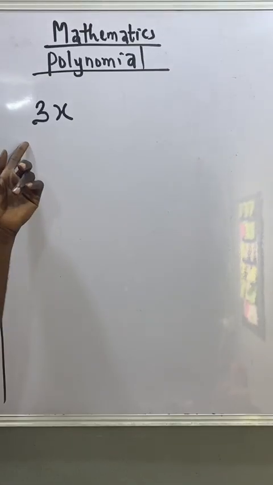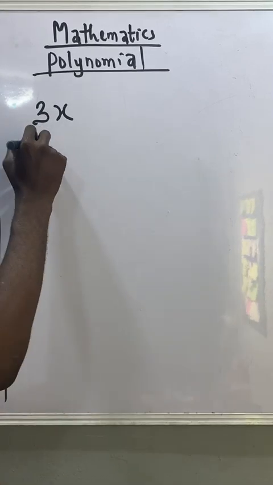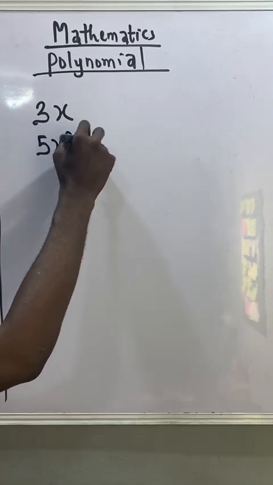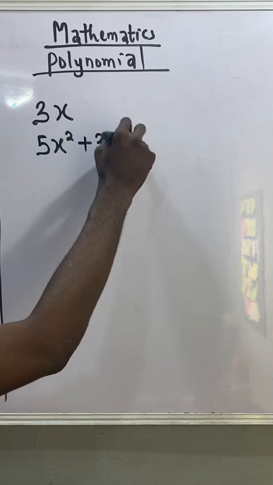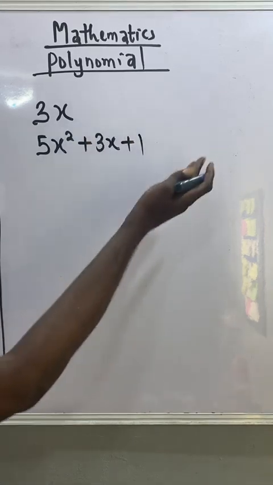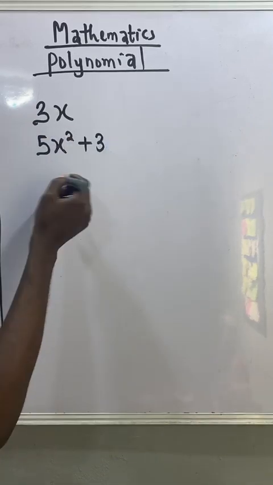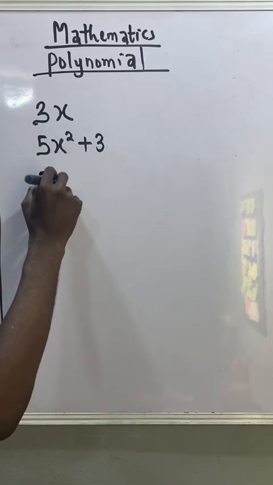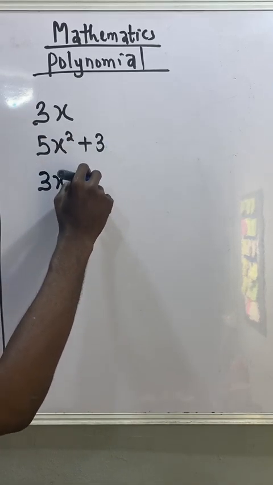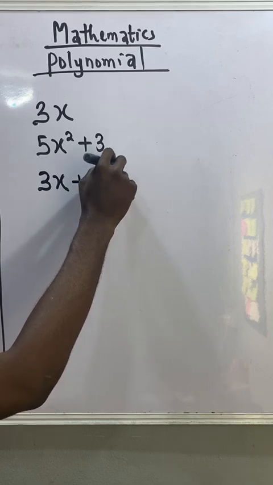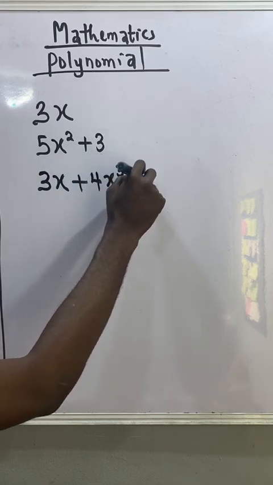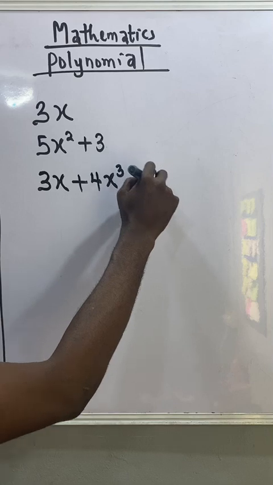It's still algebra. Then, what if I have 5x squared plus 3x plus 1? It's still algebra. Let's say we have 3x plus 4x raised to power 3 minus 2.